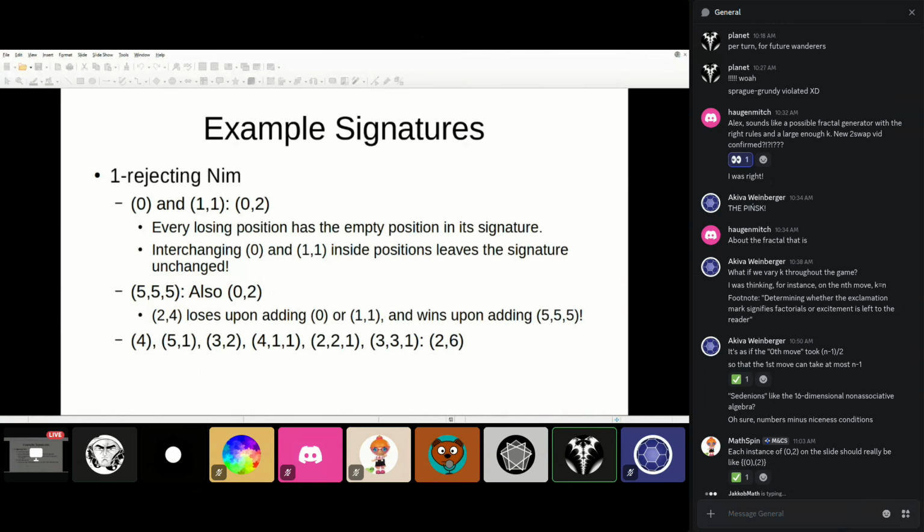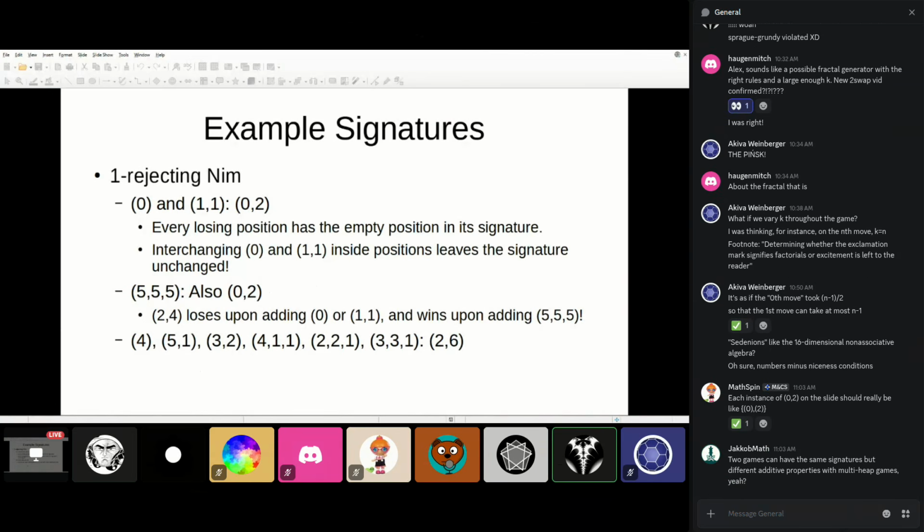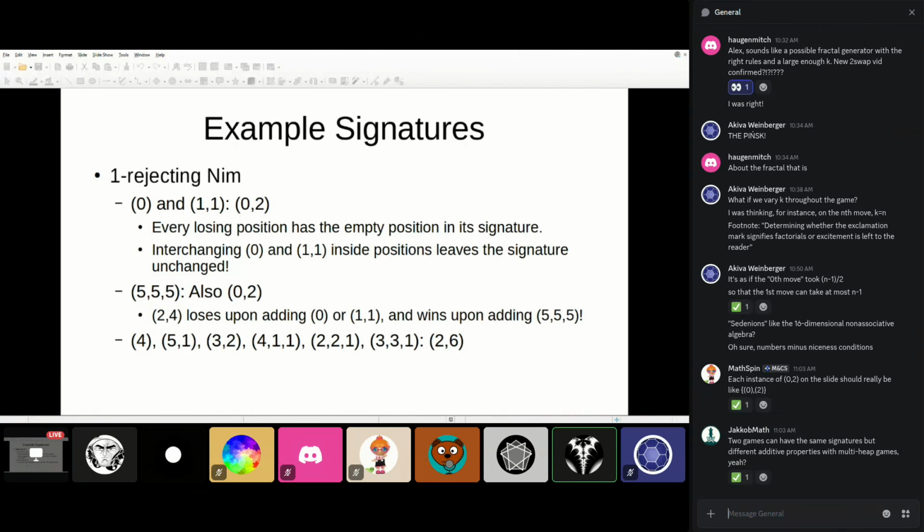Yeah. So the thing that's confusing here is that the parentheses with commas are being used for two things in different places. On the right side of the colon, they're being used for set notation, like 0, 2, the set containing both 0 and 2.